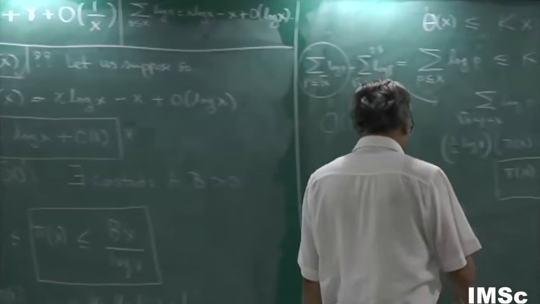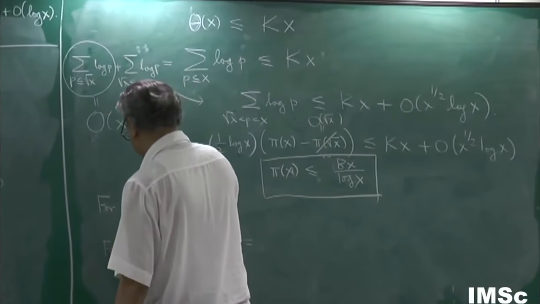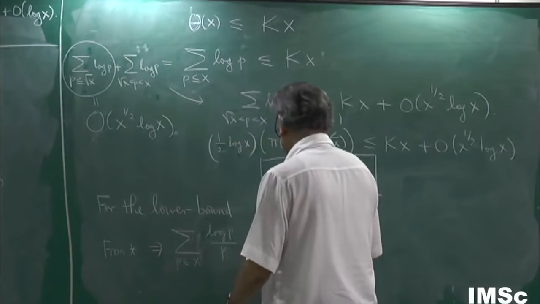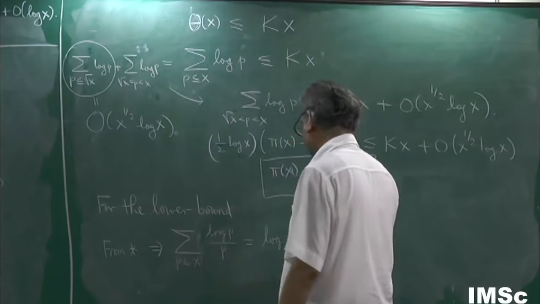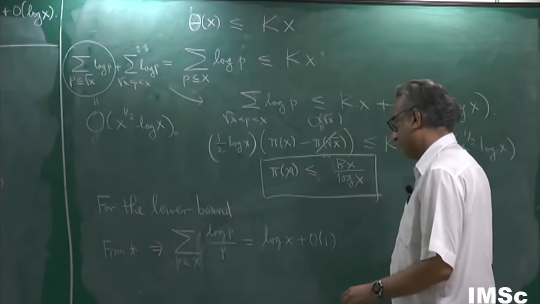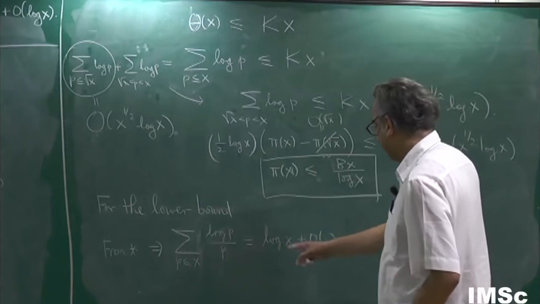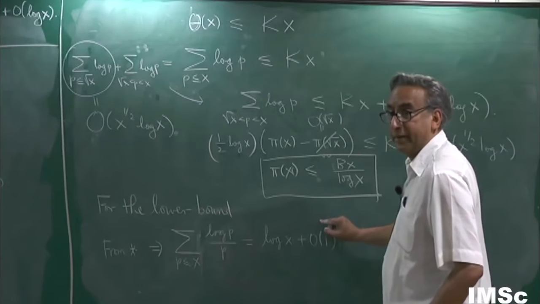So it isn't difficult to see that from star, we have this equality, or asymptotic. And therefore, what is this O of 1? It's a certain constant, isn't it? This thing.